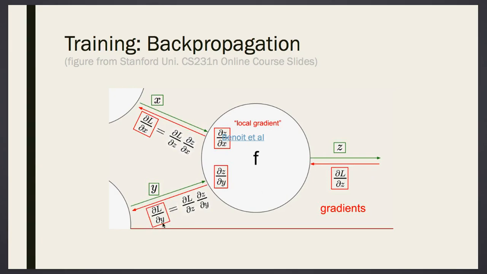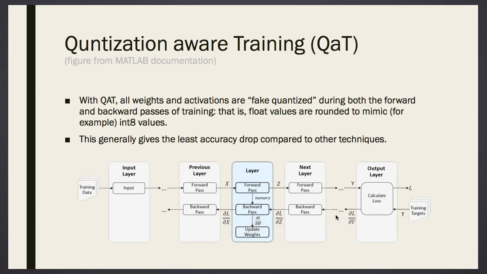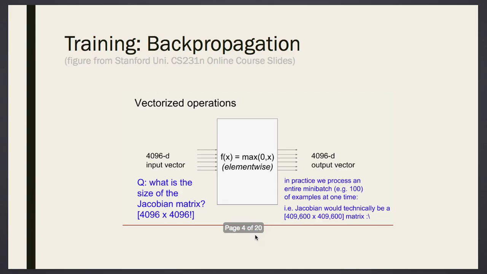So the derivative flows like this in the backpropagation. That's how it flows, guys. It flows and flows and flows. And while it's flowing, we find these derivatives with respect to the parameters, the weights, and we update the weights by using those derivatives. Okay, so guys, we do these in vectorized operations. You remember this figure from Stanford's course. You give a vector of values, you get a vector of values.